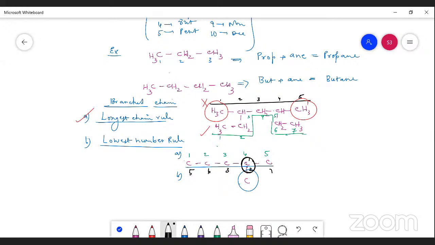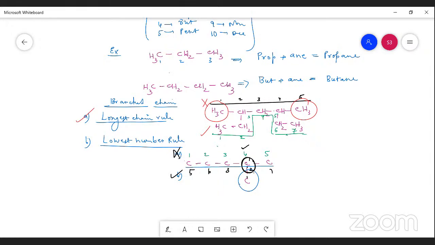See, as per A, on which carbon is the substituent present? Fourth carbon. As per B, the substituent is present on the second carbon. So B is the correct numbering, A is wrong. So understood? As per the lowest number rule, the substituted carbon number should be less. That is what we call the lowest number rule.